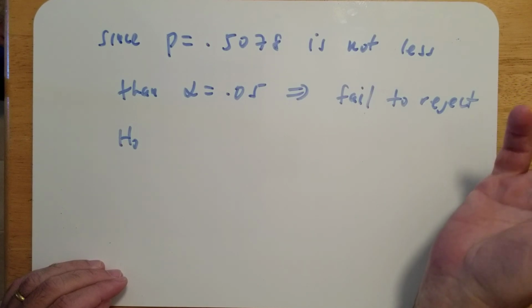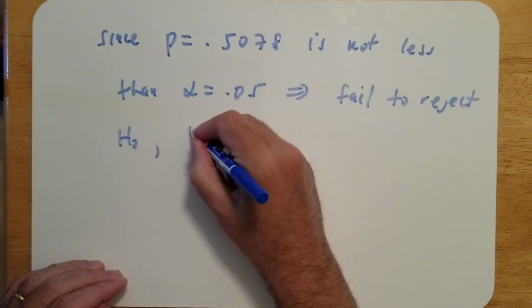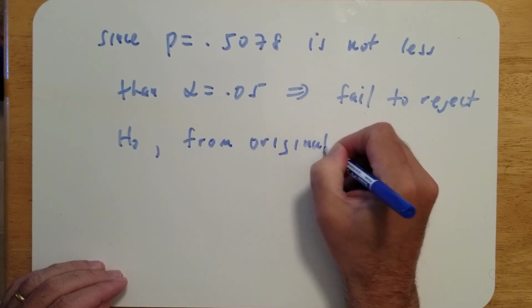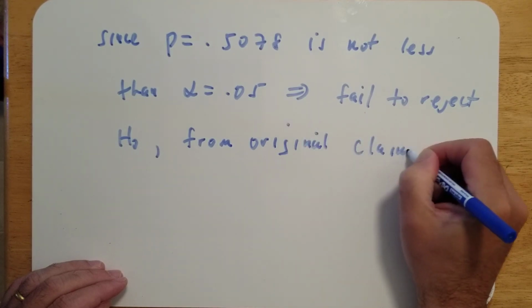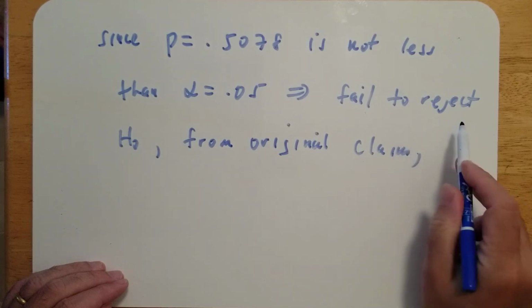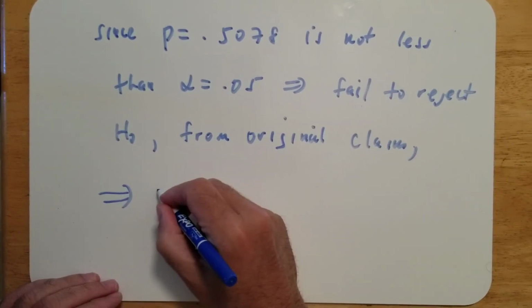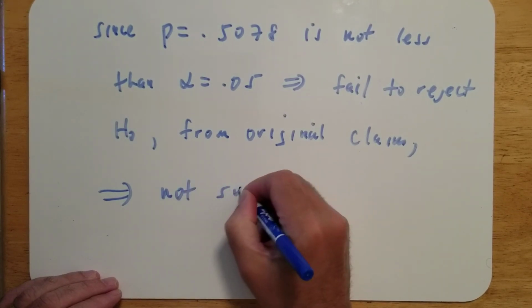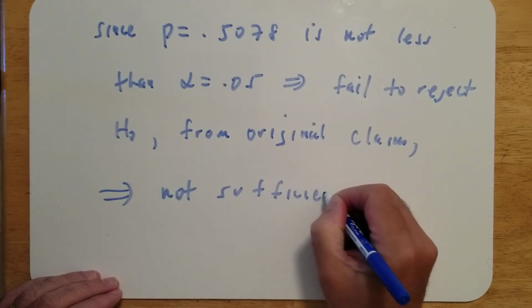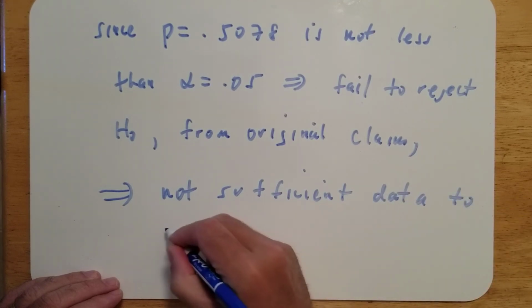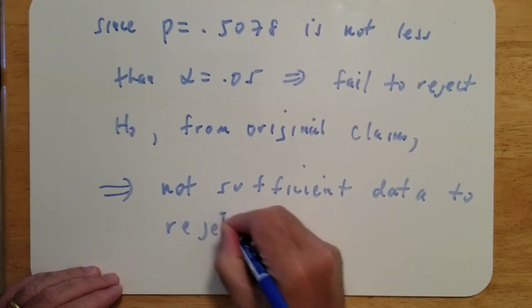Going back to the setup, H null was from the original claim. And if you look at the wording conclusion chart, fail to reject H null from the original claim, the conclusion is that there is not sufficient data to reject the claim.